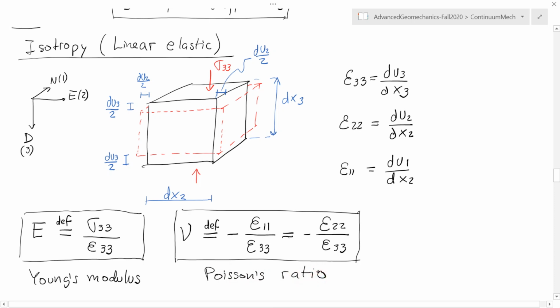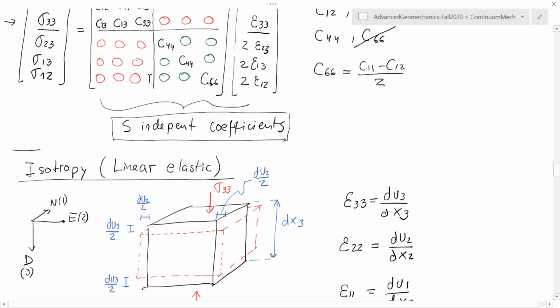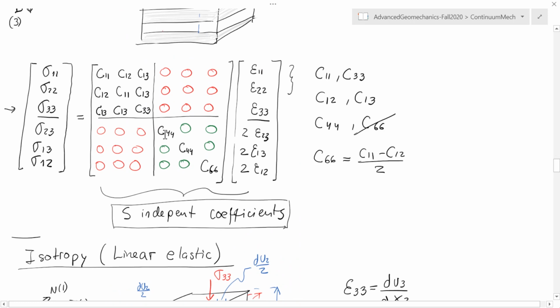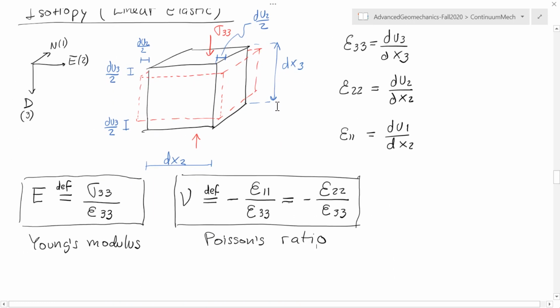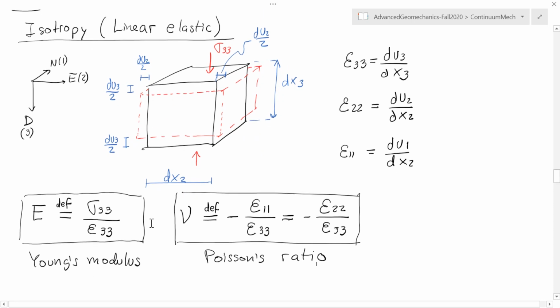Okay, so let's see now what we do with these definitions and how they help us to get back to where we wanted, which is this stiffness matrix. What we're going to do is write the resultant strains from the application of a given stress with what we have drawn over here.